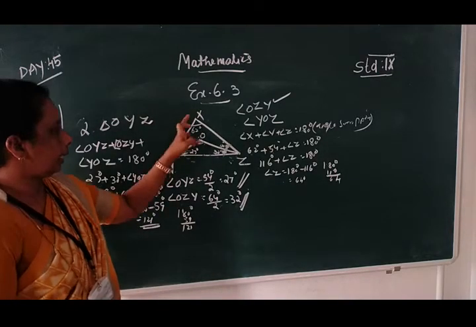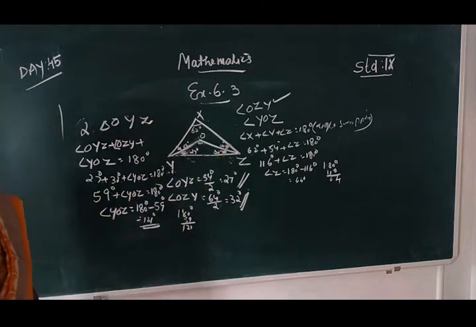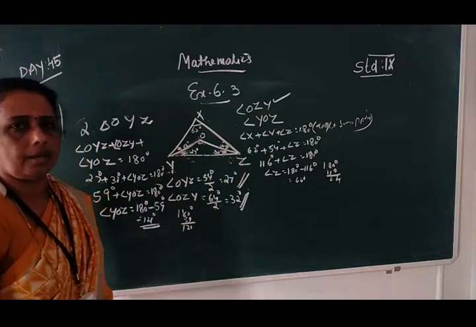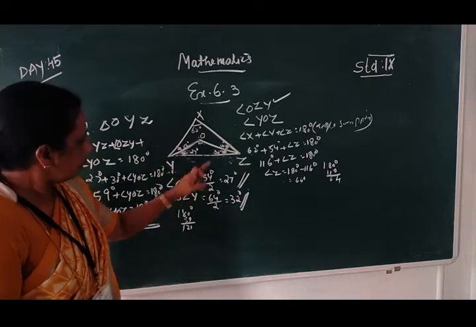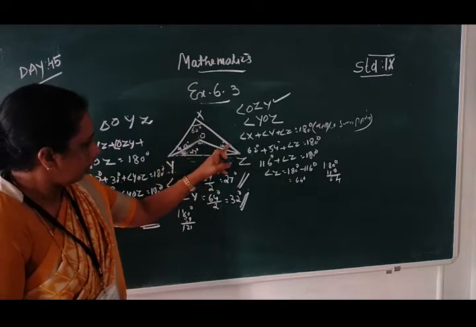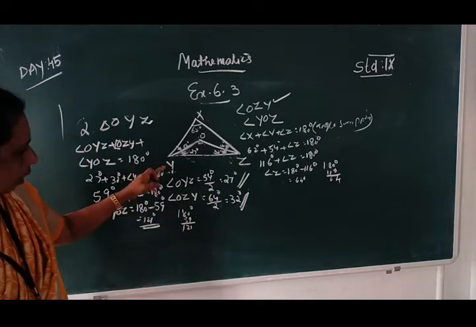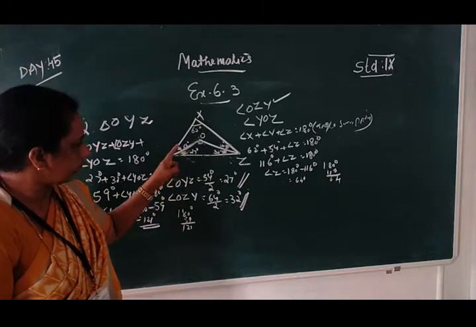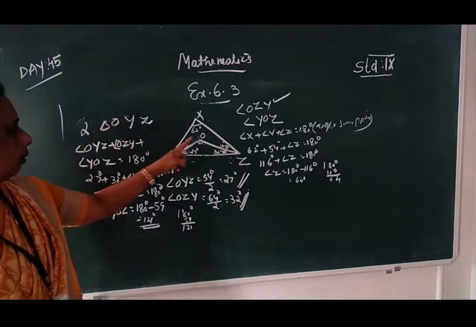Here, using the angle sum property, first we have to find this angle. Also, given that OY and OZ are the bisectors of angle Y and angle Z, so here a triangle is formed. Half of angle Z is equal to 32 degrees and half of angle Y is equal to 27 degrees, because OY is a bisector and these two angles are equal. So consider triangle OYZ.